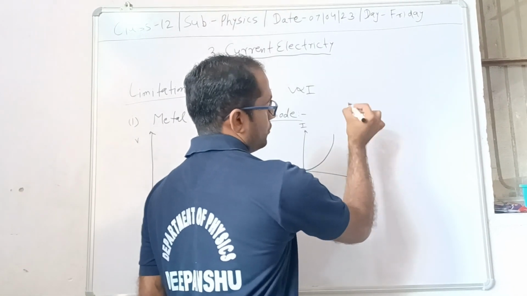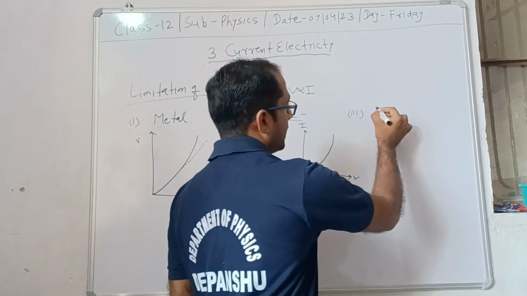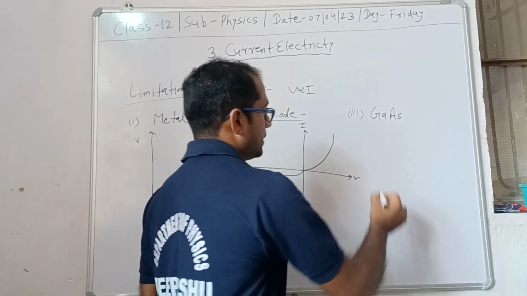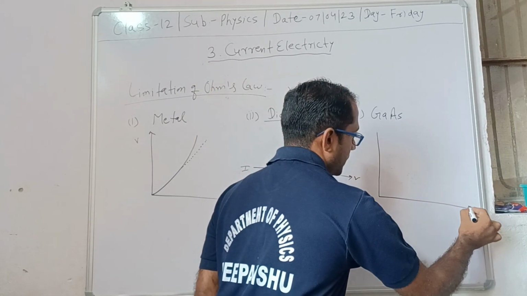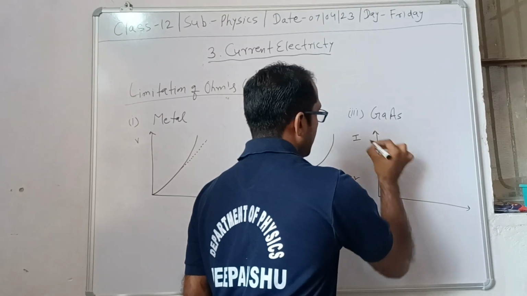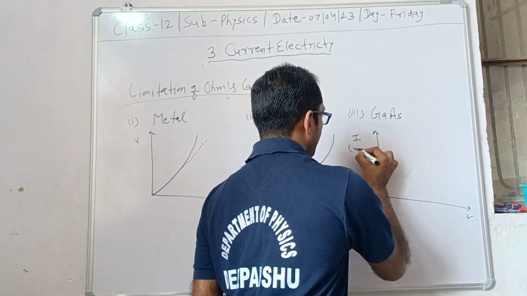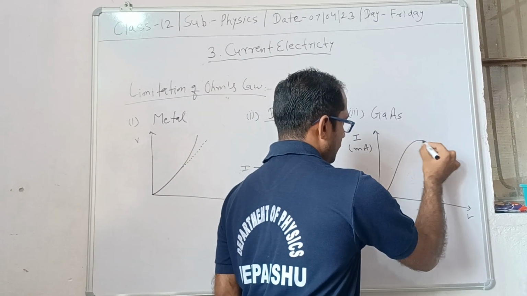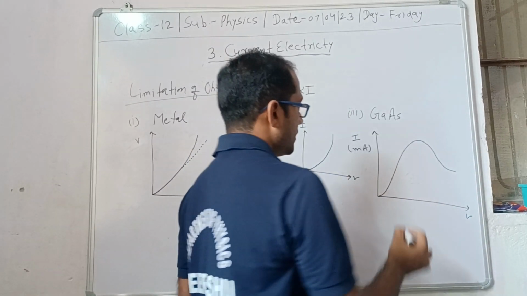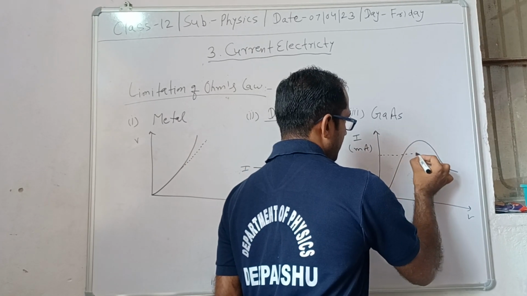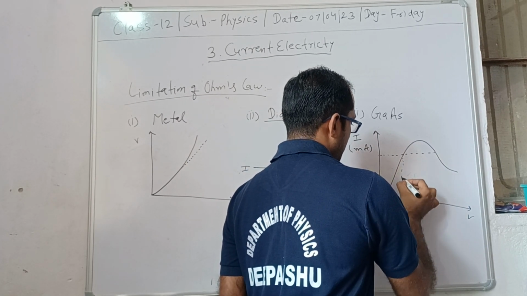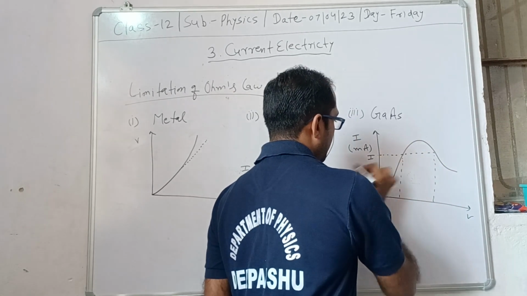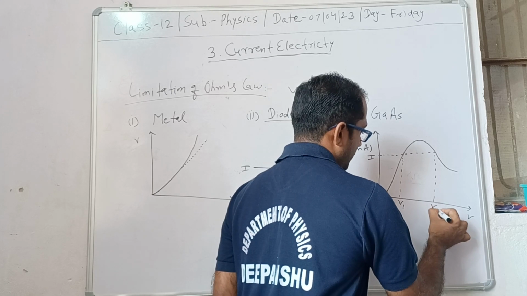Third, gallium arsenide is a semiconductor, and if we plot a graph between I in milliampere and V, we get this type of graph. In this graph, for one value of current I we get two values of voltage, V1 and V2.